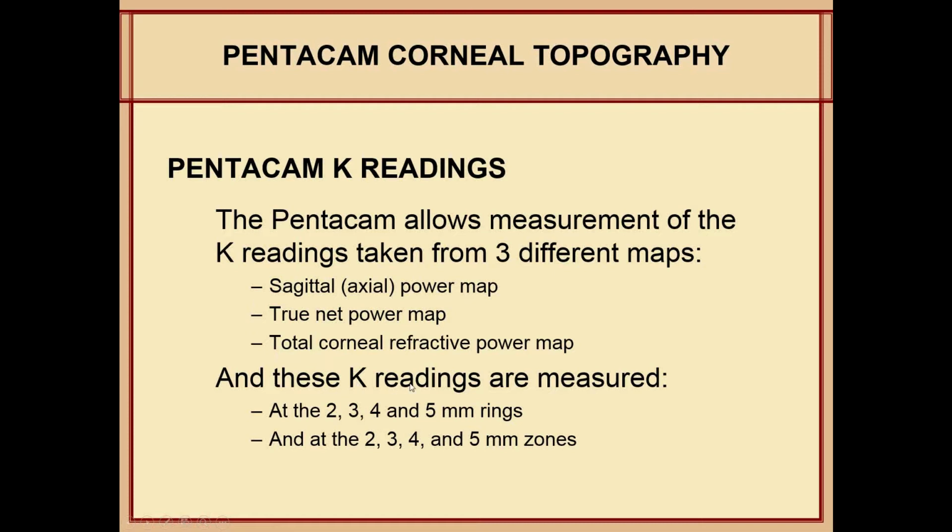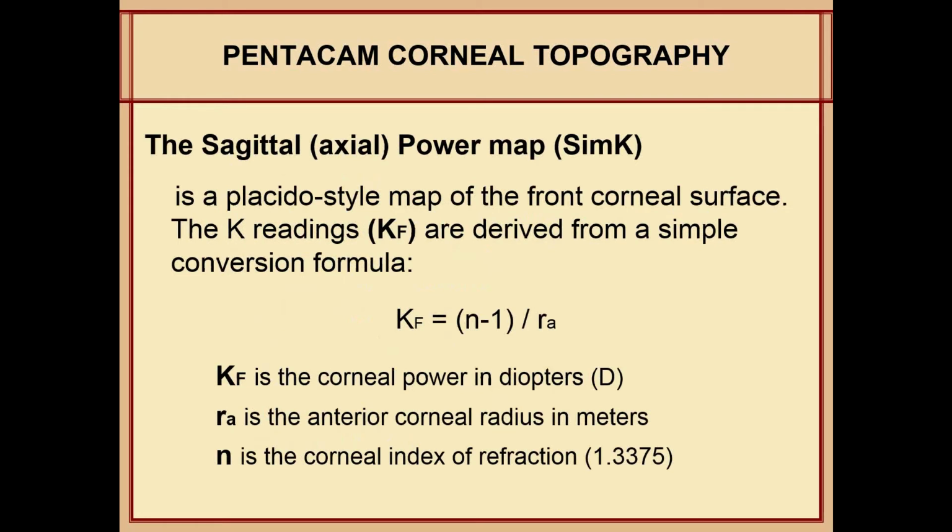And to complicate things even more, these K readings can be taken at the 2, 3, 4, and 5 millimeter rings, or at the 2, 3, 4, 5 millimeter zone. That means the whole zone is being measured. And you can choose these items if you want to do some studies on that.